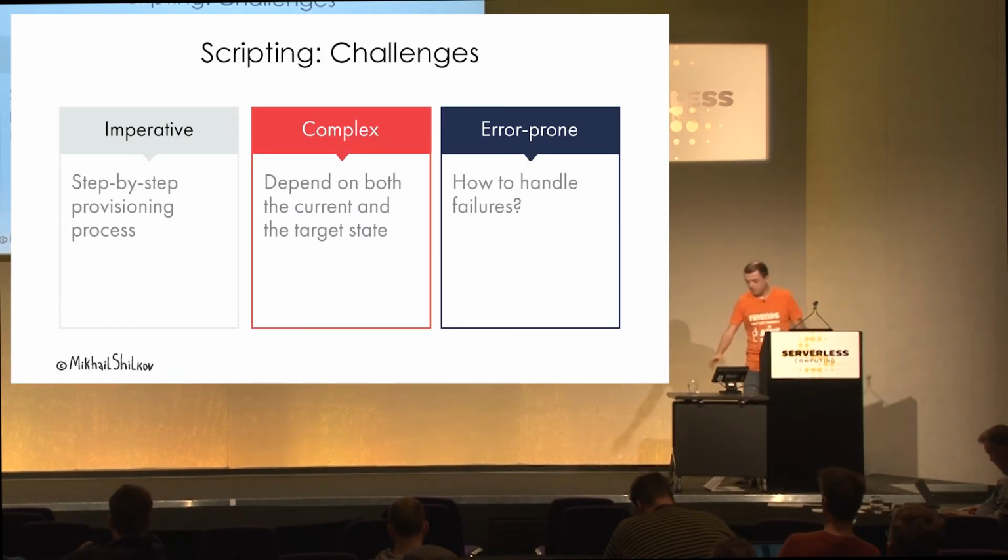First, this is very imperative, so you have to exactly describe step by step what has to be done one by one in the exact order. This may be fine for the initial deployment, but when you have multiple environments and they're all in different states, and you need to update your environment from the current state to a new state, you start to write update scripts, and every environment is a little bit different, so it's hard to make it reliable and error-proof.